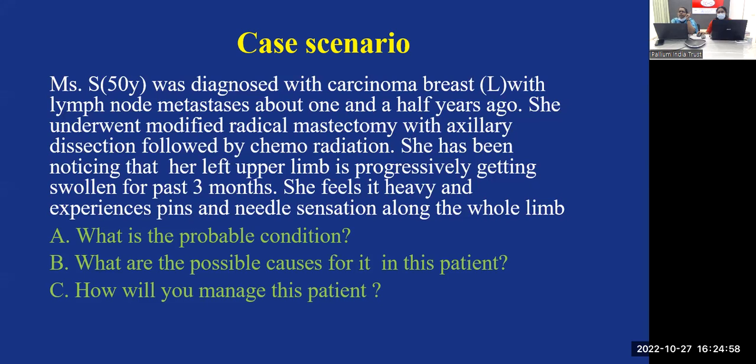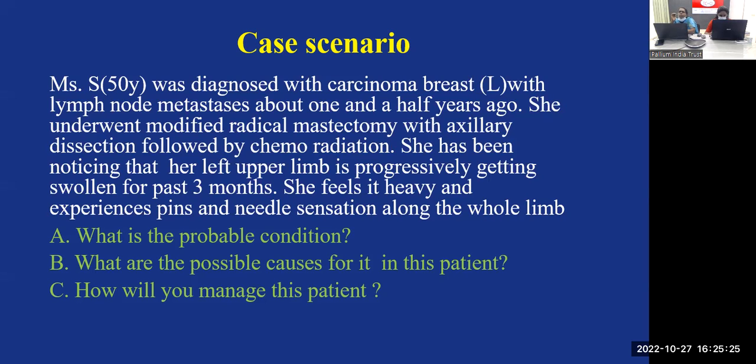This patient has undergone a radical mastectomy. If you do the radical mastectomy, along with that we will do the axillary dissection also. We will remove the axillary lymph nodes. That is one major cause for developing lymphedema for this patient.